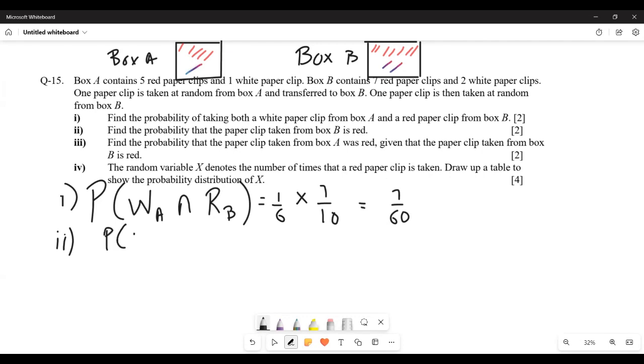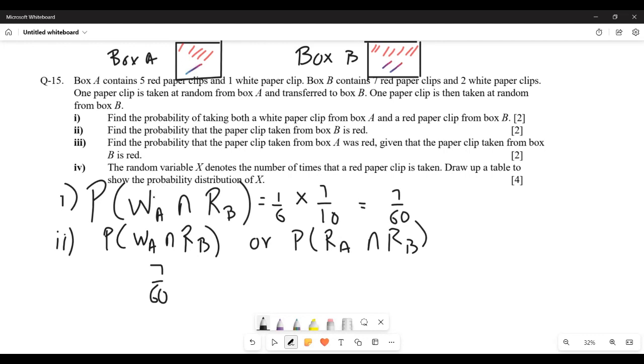So we found the probability that the first one is white from A and the second one is red from B, or the probability of getting a red from A and then again a red from B. So this is 7 by 60 already.